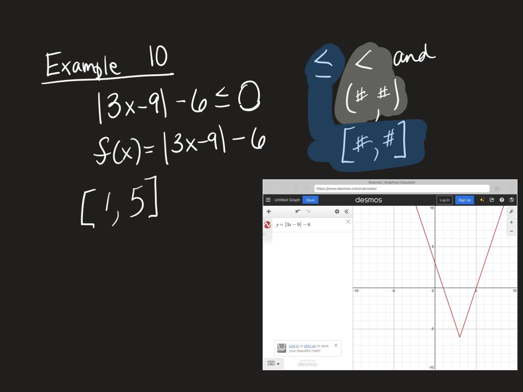That's the solution to that inequality. Let's do one more example, so you will have 11 examples. Think about this one as a closed circle here, and you shade everything in the middle. That's what an AND graph looks like.